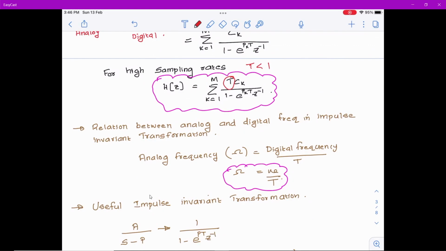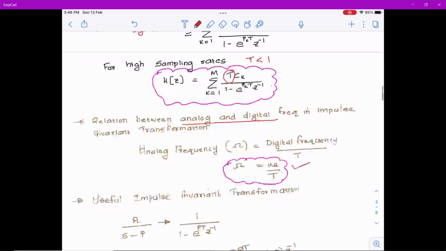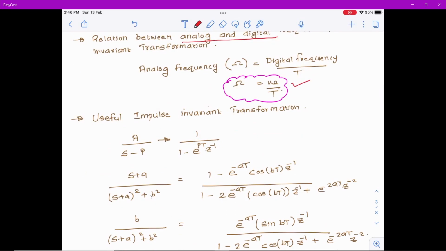Basically, the relation between analog and digital frequency that we have already mentioned is: the analog frequency capital omega is the digital frequency divided by T, or the digital frequency is equal to capital omega multiplied by T. So the mapping or the transformation is as follows. If the Laplace transfer function is of the form A by s minus p, then the corresponding digital domain substitution is A by 1 minus e raised to pT z raised to minus 1.